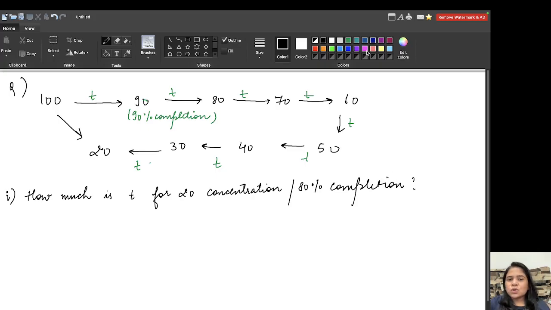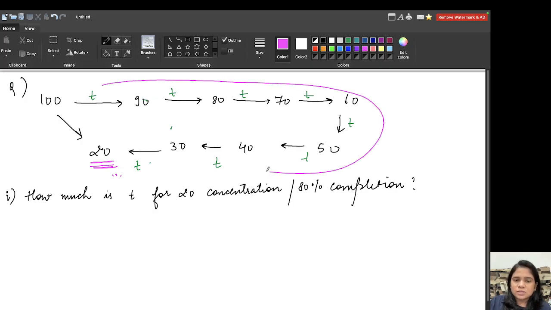See, first thing is you can directly calculate. You need 20 concentration, right? What does 20 concentration mean? Just remove this 90% completion. It means 80% of the reaction is already completed. You have already moved to your 80% completion rate to reach your 20 concentration, right?